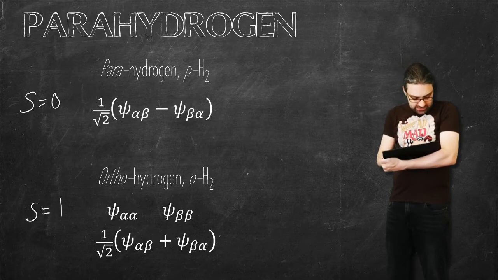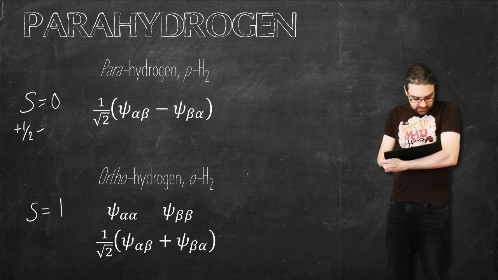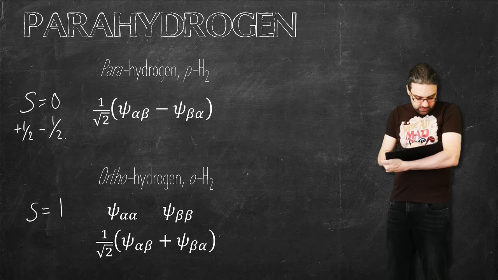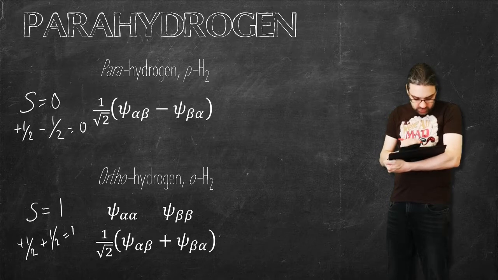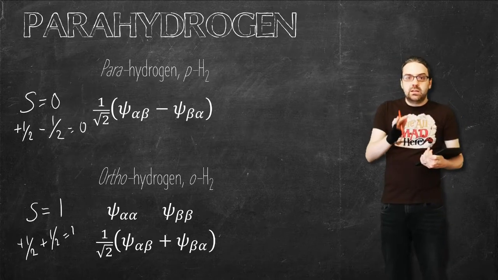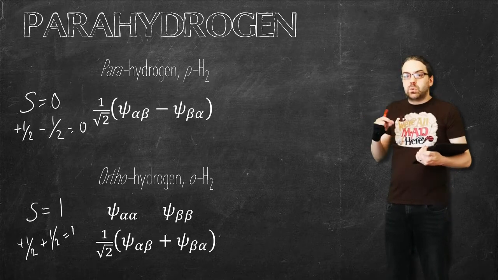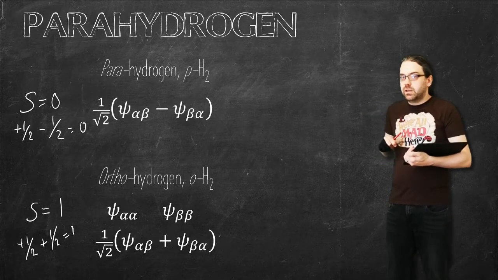Basically, because we're adding spins, we're adding a half, and plus a half, and subtracting a half. Here we have plus a half and plus a half, which equals 1. So if you've done any of the terms and states where you're adding spin numbers together, that will look familiar to you.